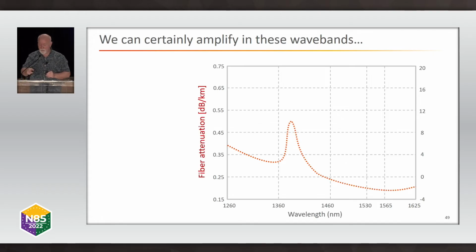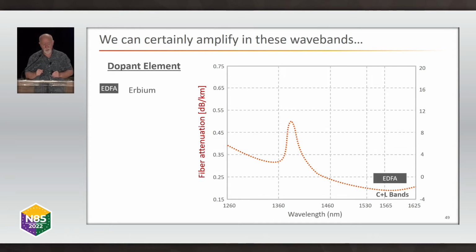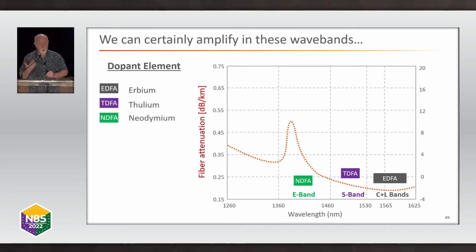And so here's our attenuation curve for optical fiber. By changing the kind of doping element that we're using, we can amplify in different bands. So in the C and the L bands, we're using erbium. In the S band, we use thulium, which is a different rare earth element. In the E band, we use neodymium. And in the O band, we use praseodymium.